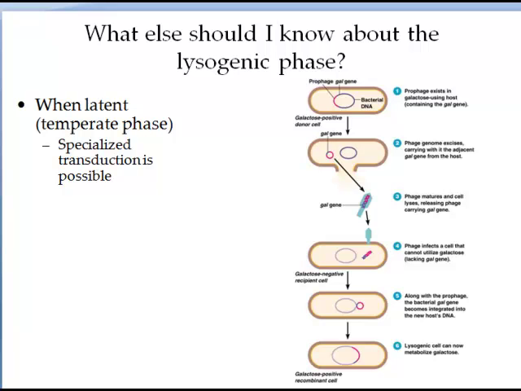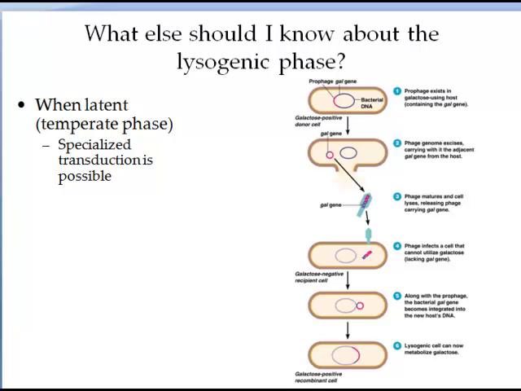Once it's in there, the phage will continue. It will take over the genome and will now multiply along with the replication of the host DNA. Eventually the phage will mature and split open from the cell, releasing a phage that will carry that particular gene within it. The phage will then infect a host cell; in this example, they've discussed galactose.